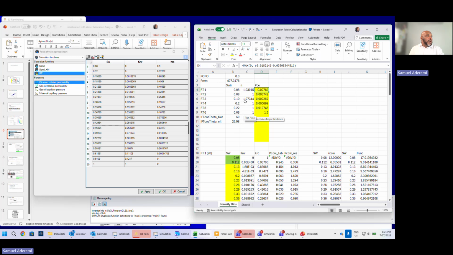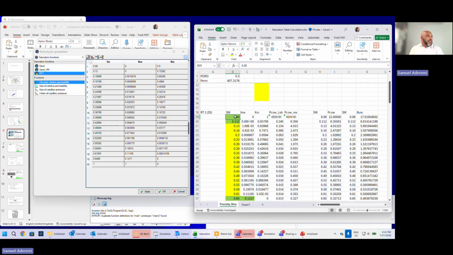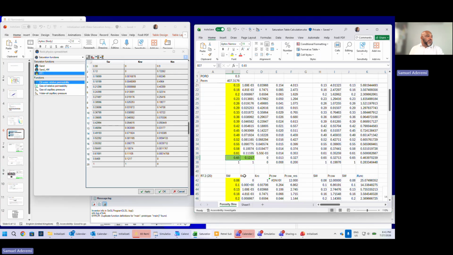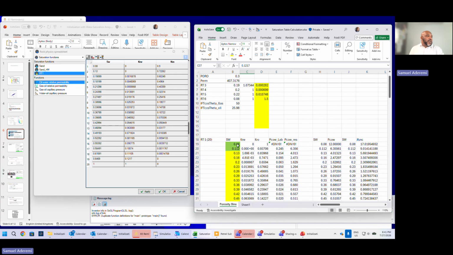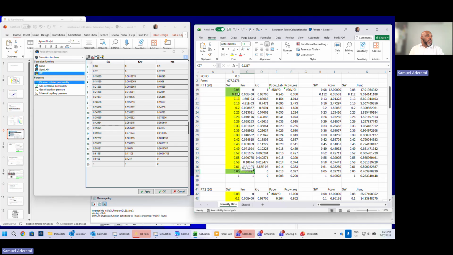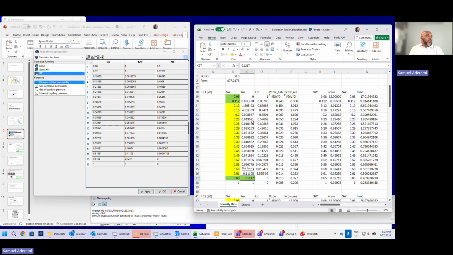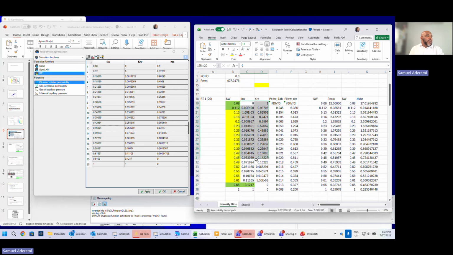So basically what you have there, this is the SWIR, and this is the water saturation point. So these points are really important, especially you want to make sure you have control over this. You have to align it with your data. This is also important. And the rest, you can interpolate between them to get the number of entry points that you want.